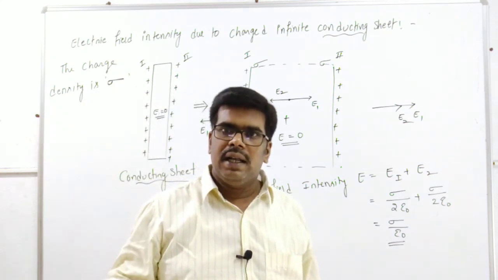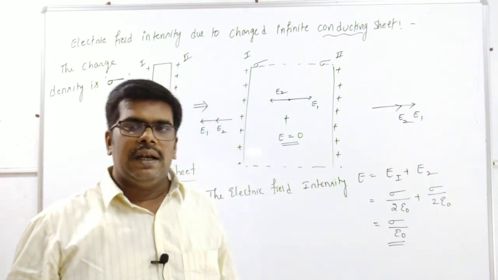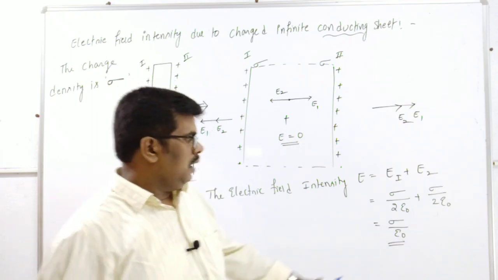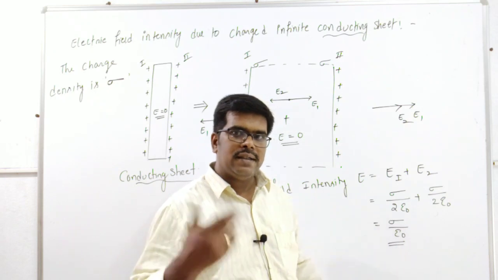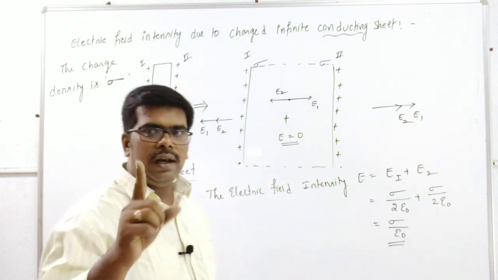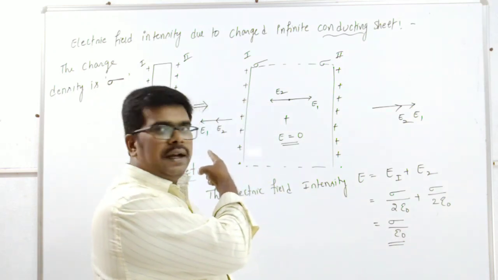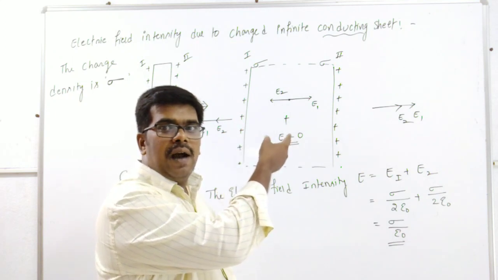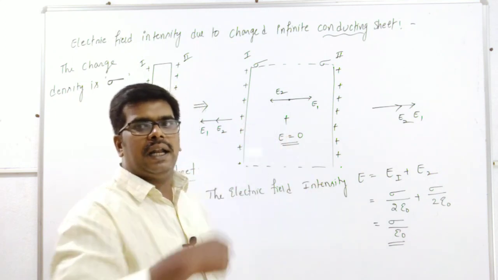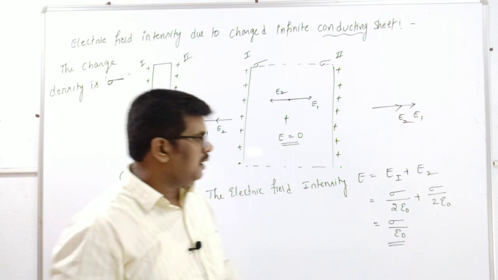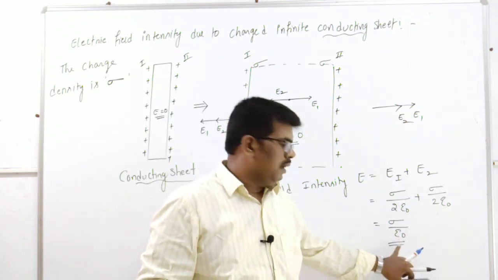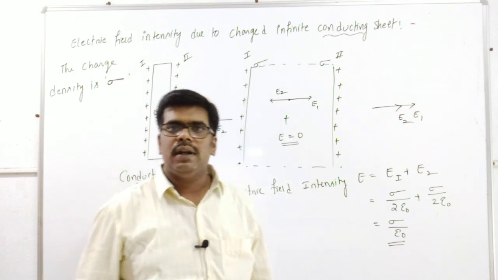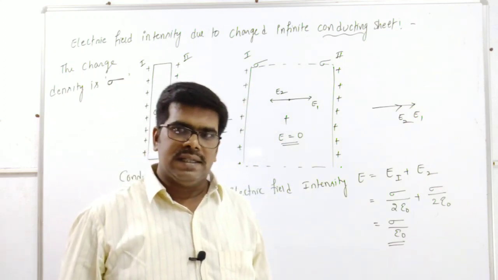If it is a conducting sheet, the electric field intensity is 2 times that, sigma by epsilon naught. Why is it 2 times? Because one conducting sheet is nothing but a combination of two non-conducting sheets. That's why it is 2 times. The expression is sigma by epsilon naught, and it is also independent of distance.